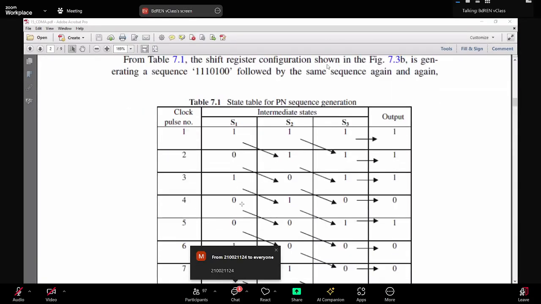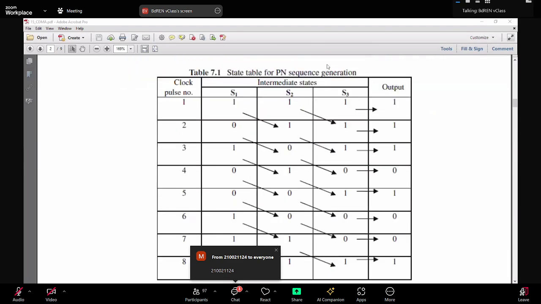So this way, as you keep moving forward, after 7 clock pulses, you again get the initial state back, all ones. And from there, with further clock pulses, the same steps would recur.